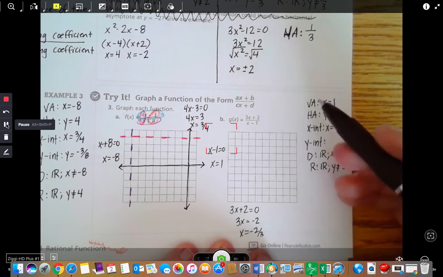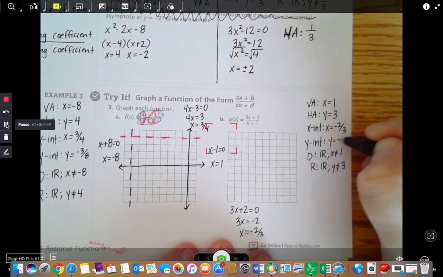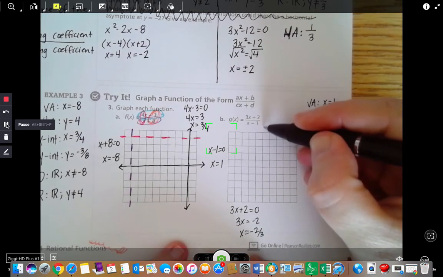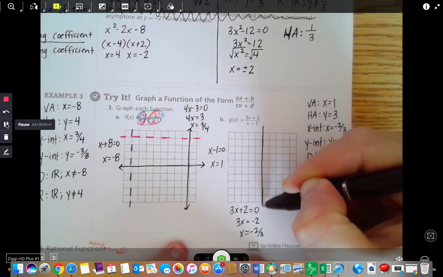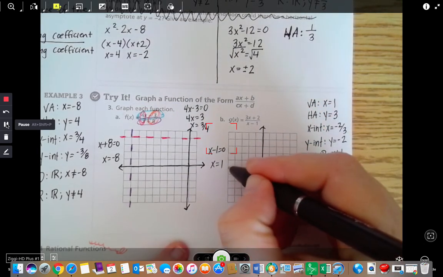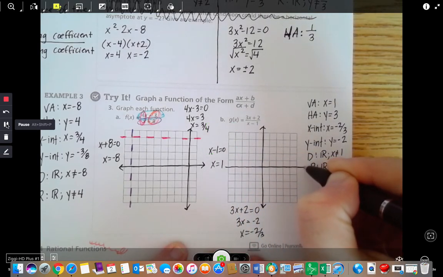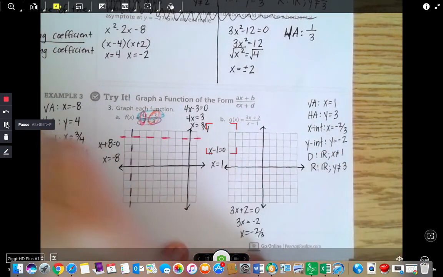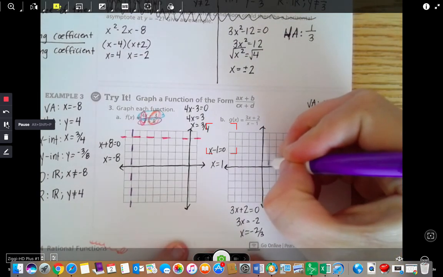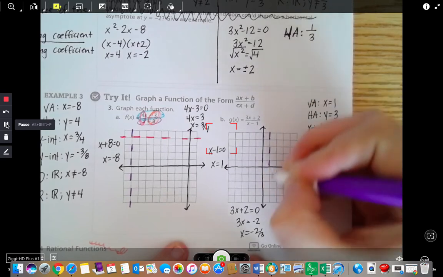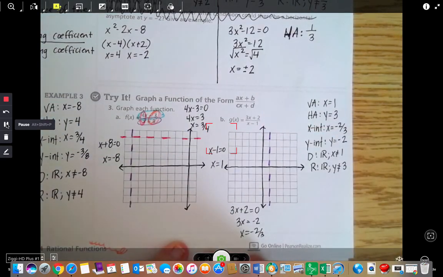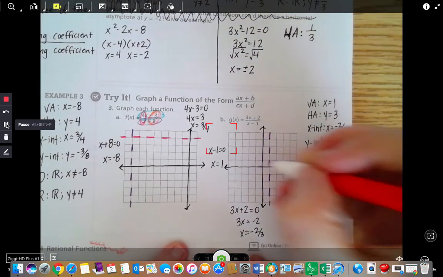That's 2 divided by negative 1, which is negative 2. My vertical asymptote, my horizontal.